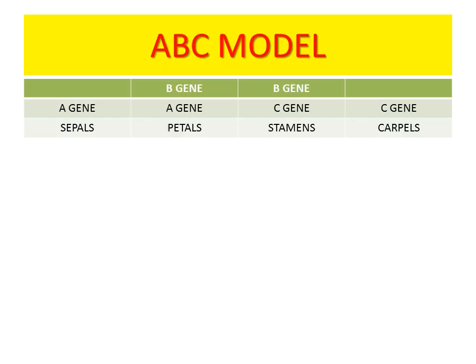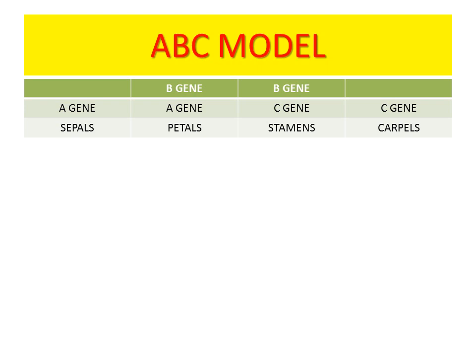Now the ABC model. What is this ABC model? There are three genes marked as A, B and C. If we look at the table below, we have to read this table vertically. When we read this table vertically, we find that A gene will give rise to sepals, B and A in combination will give rise to petals, B and C in combination will give rise to stamens, and C alone will give rise to carpels.